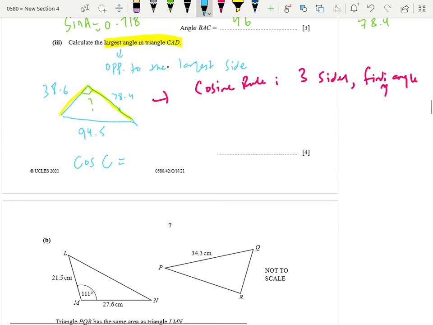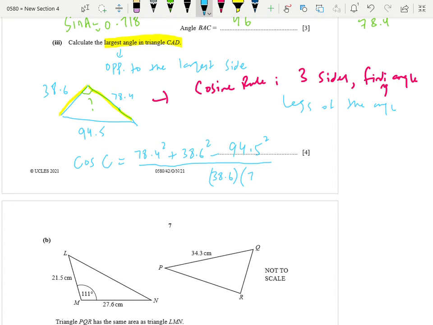You have to square them up, both of them, and then add them, and then subtract the square of the third side, that is 94.5, and then divide by the product of those two legs. So the legs of the angle, right? Which are the legs of the angle?